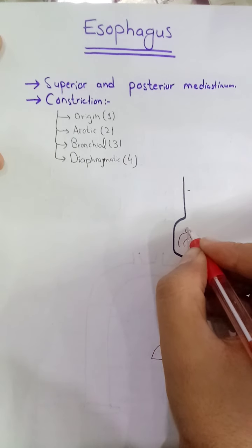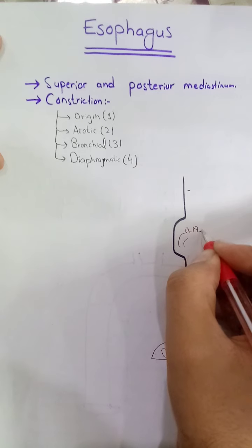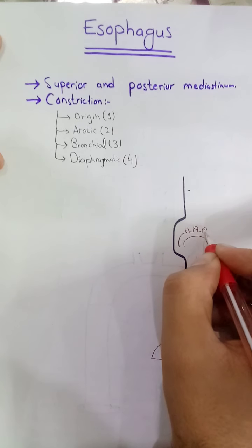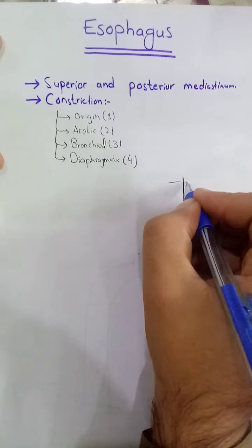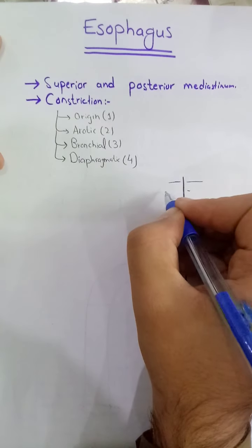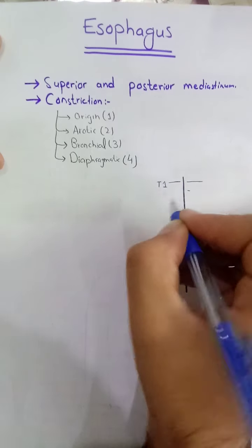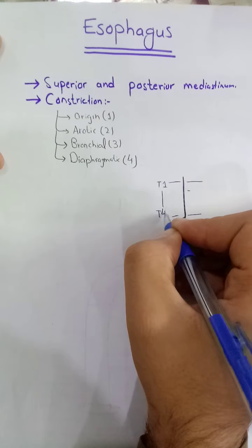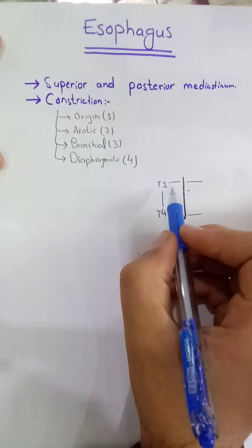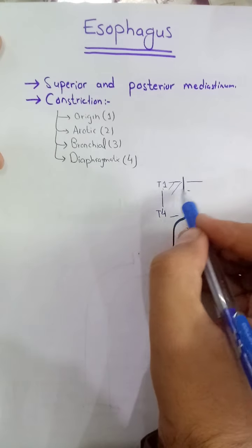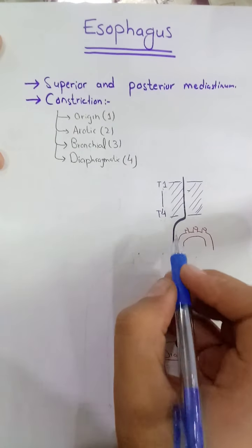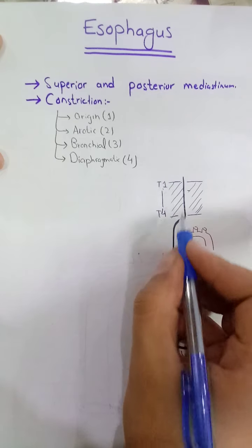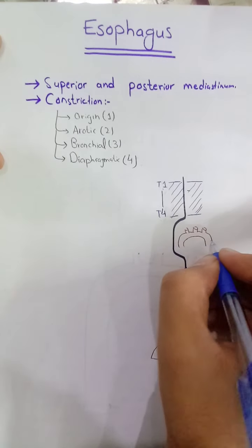Here will be the aorta, arch of aorta. First of all, on its posterior side are the T1 to T4 vertebrae. It is present anterior to the T1 to T4 vertebrae. These are the vertebrae. Then it is pushed toward the right side, or toward the midline of the body, by the arch of aorta.